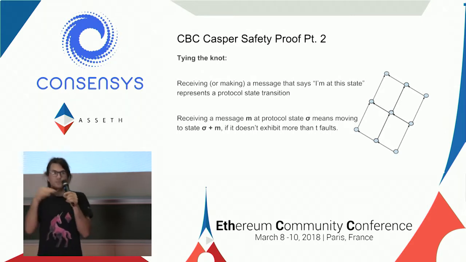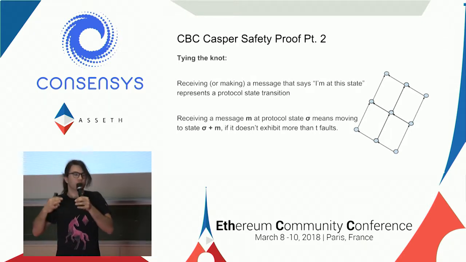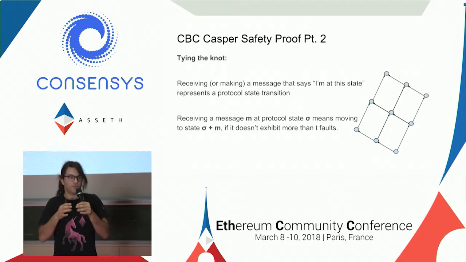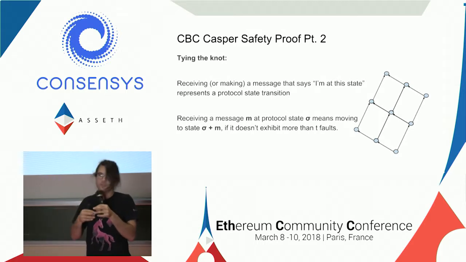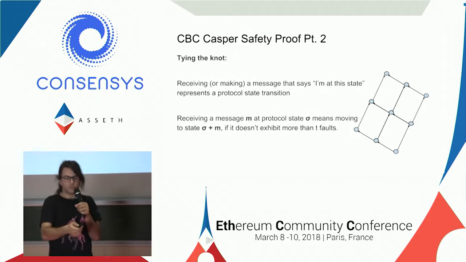If that new message tips you over T faults, then we're not going to transition to a new protocol state. Because the protocol state is a set of messages, receiving a message corresponds to taking a union, which I'm just denoting as plus.